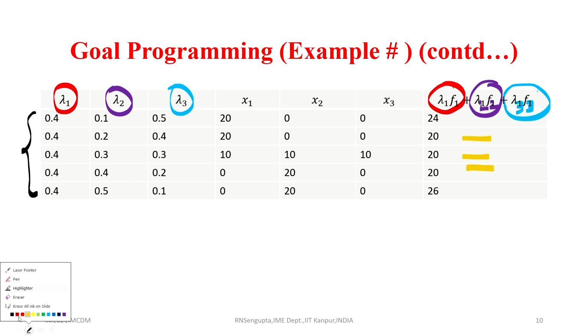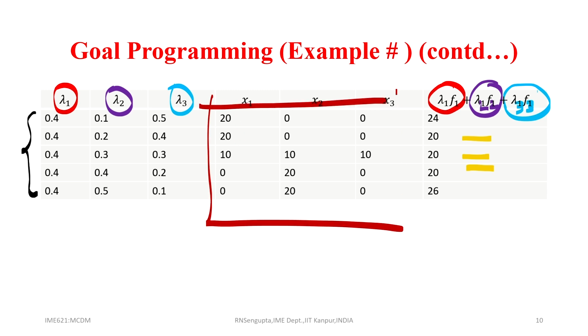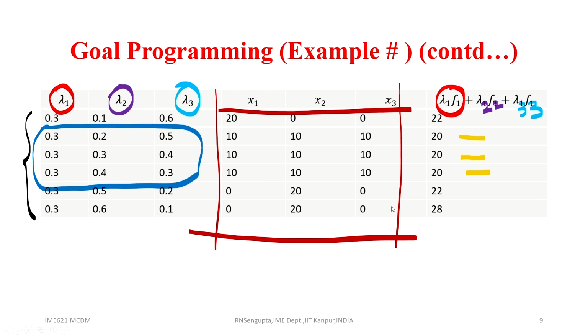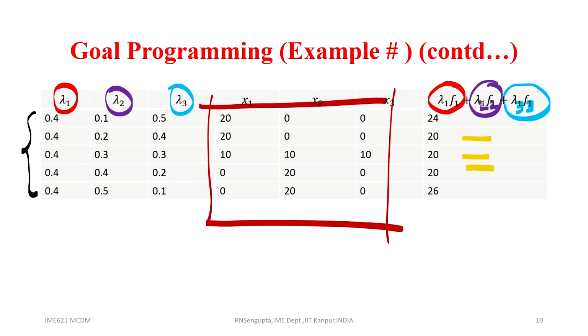If you see here, these are the whole set of decision variables, but for an objective function value output of 20, the values are 20, 0, 0, 10, 10, 10 and 0, 20, 0. Now, if you go back here, for 20 we already have 10, 10, 10. So apart from 10, 10, 10, we have 20, 0, 0 and 0, 20, 0.